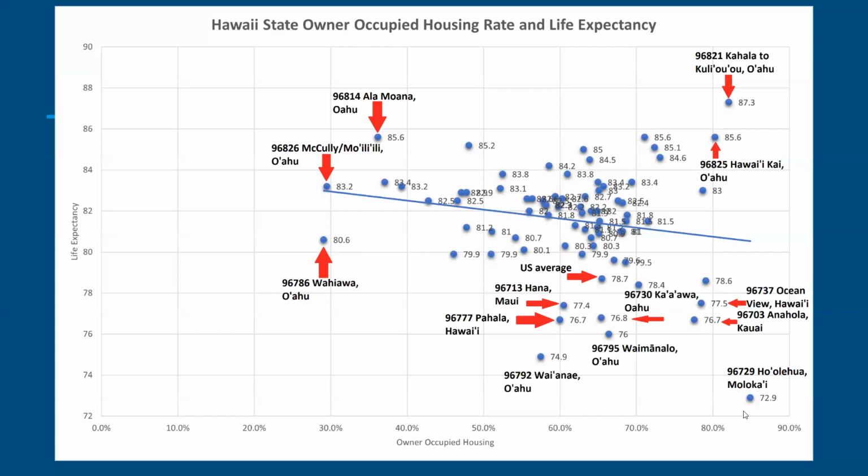That's a very big discrepancy. How are places like Hawaii Kai and Kuli'o doing so well on their life expectancy, and yet there's Molokai, which has the highest estimated homeownership rate, and the lowest life expectancy in the whole state.